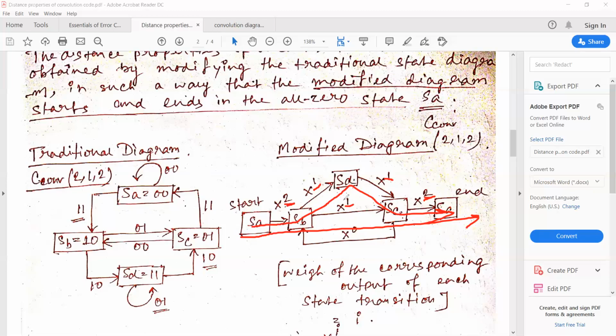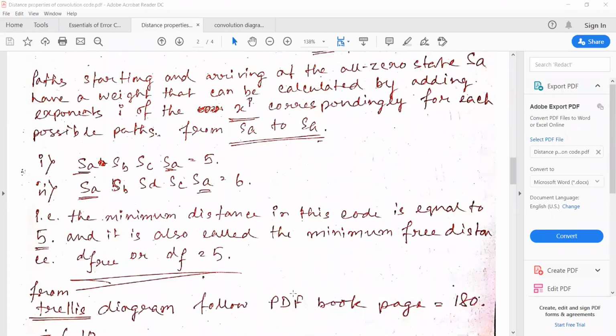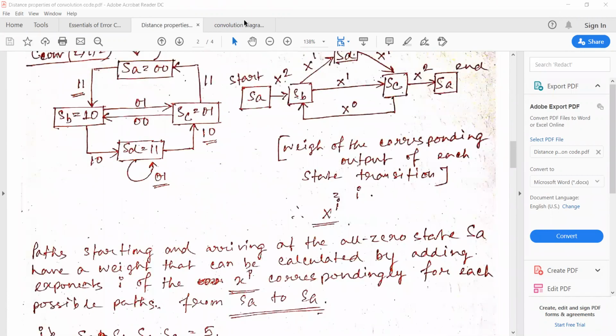we have got that there are two possible paths, the straight line path containing the path gain as 5, and this path containing the path gain as 6, right? So this is the addition of i's. Okay, addition of I. So this is SA, SB, SC, SA.